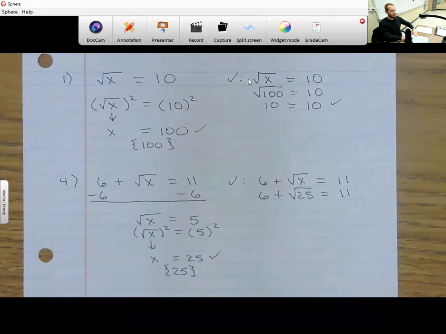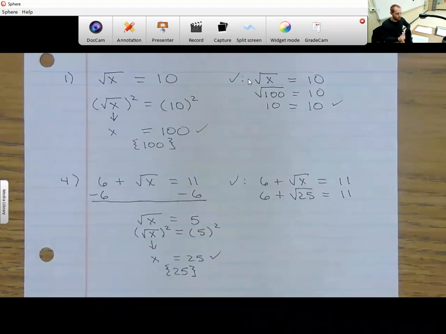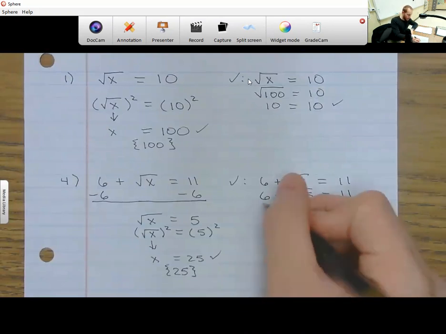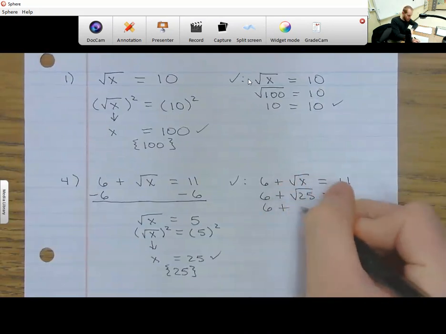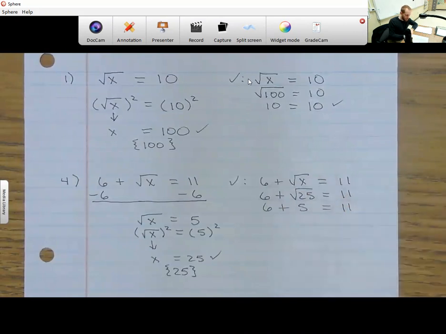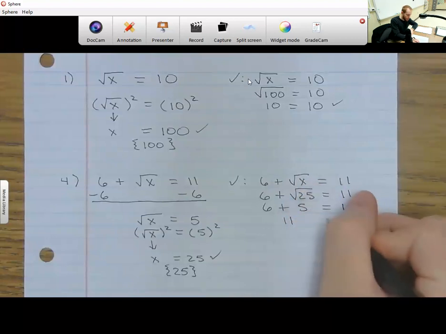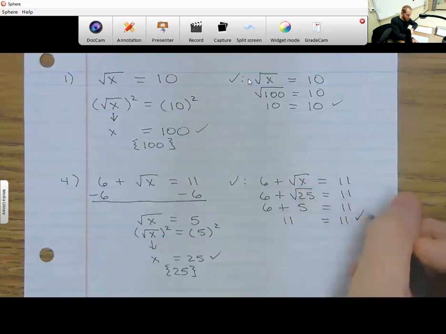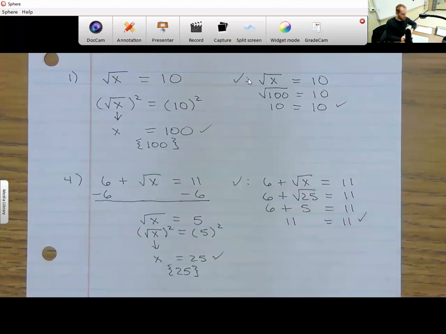Again, I'm just replacing x with 25 and seeing what happens. So the square root of 25 is going to be 5, right? I get 6 plus 5 is 11, so I get 11 equals 11. So that answer does work out.